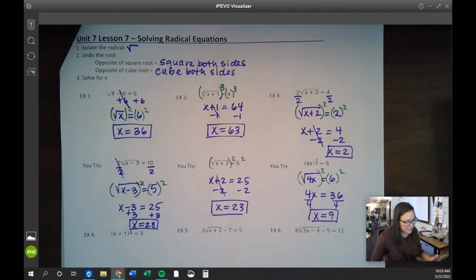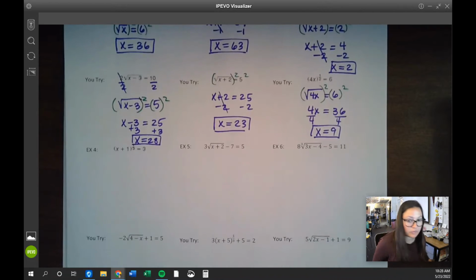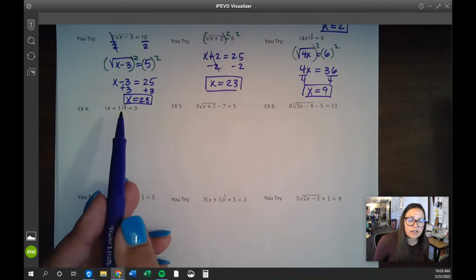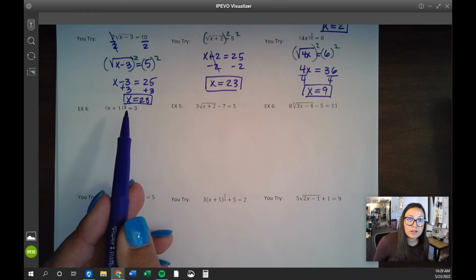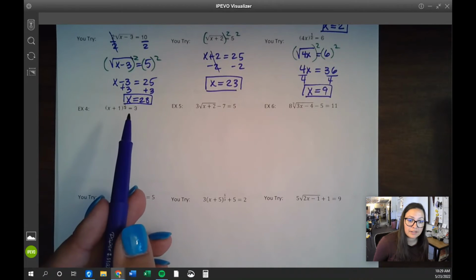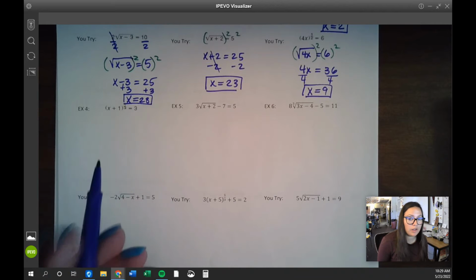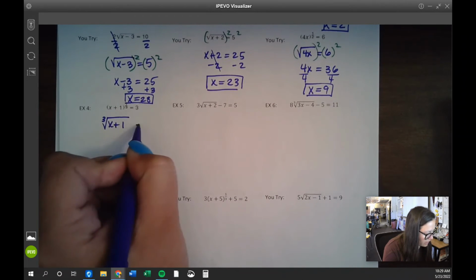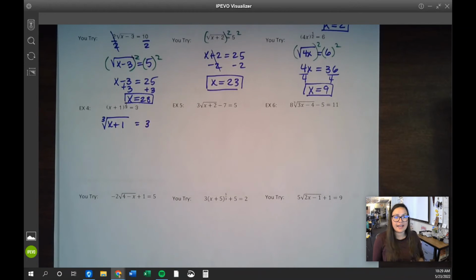Okay, let's try the next set of examples. Example 4, we have x plus 1 to the 1/3. Okay, now remember, raising something to the 1/3 is the same as taking the cube root. So I could rewrite this equation as the cube root of x plus 1.